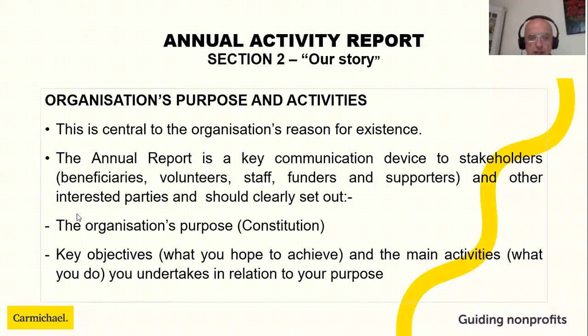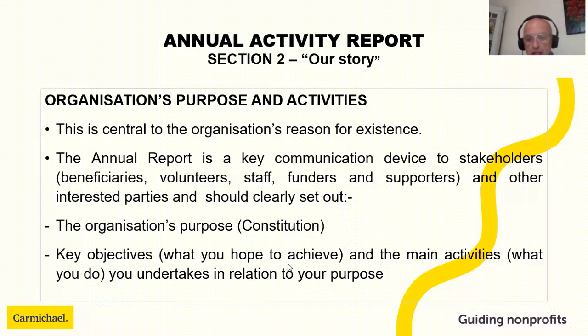And it should clearly set out the organization's purpose. Now that will be set out in your constitution or your memorandum and articles, and that's the reason why you exist. Then the key objectives, what you hope to achieve during the past 12 months, your main activities, what you do, the main activities that you undertake in relation to your purpose.